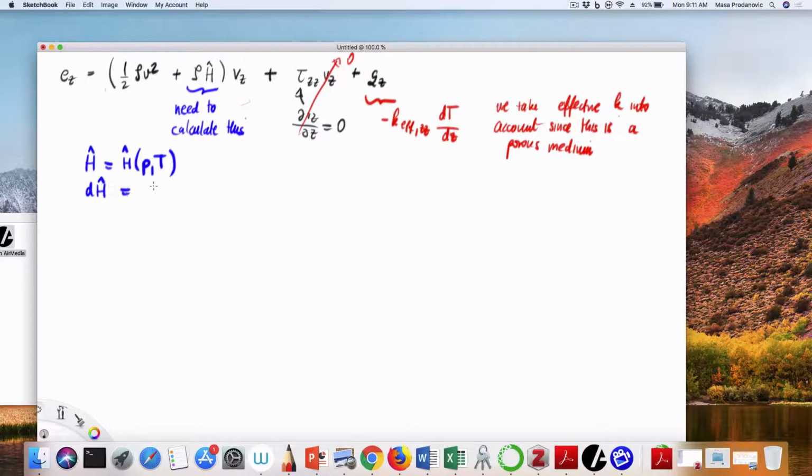So by chain rule, dh is the partial derivative with respect to T while keeping pressure constant, dT, plus the partial derivative with respect to pressure while keeping temperature constant, dP. This, by definition, is the heat capacity.